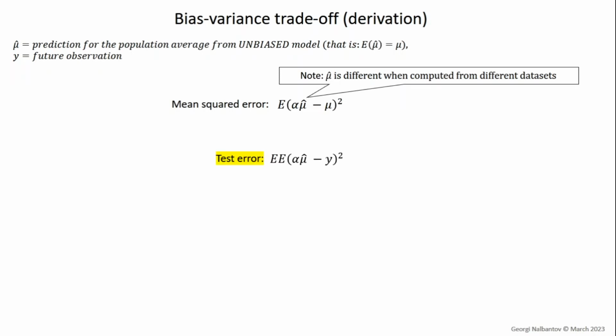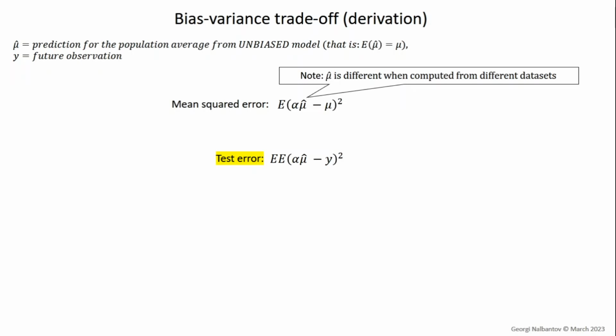However, we are interested in the test error, which is how our predictor, which is mu hat or alpha mu hat in the penalization case, is different from y. This is the difference between prediction and test points. And in the first case, for the mean square error, we have one expected value term, because mu hat is moving, mu is fixed at 3.5. And for the test error, both y's and mu hat vary.